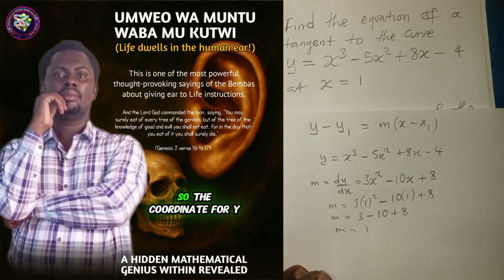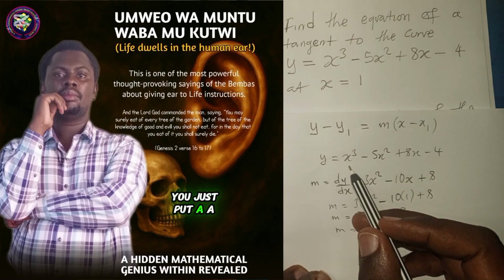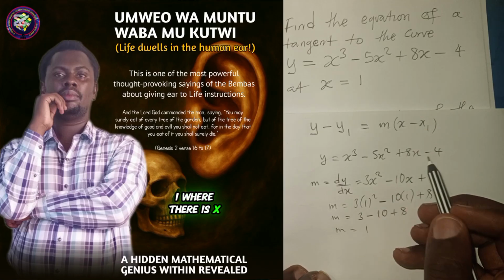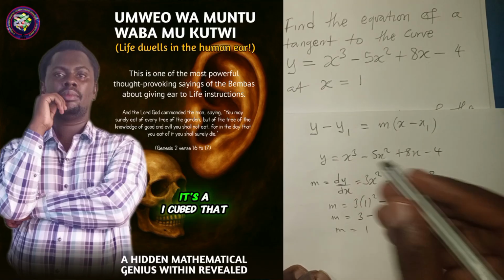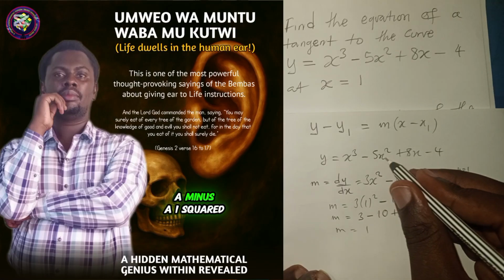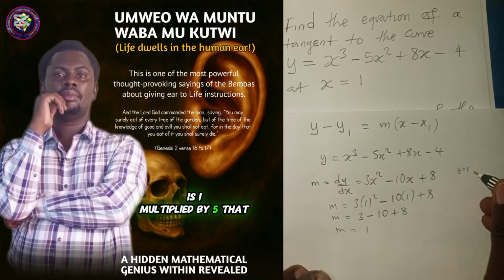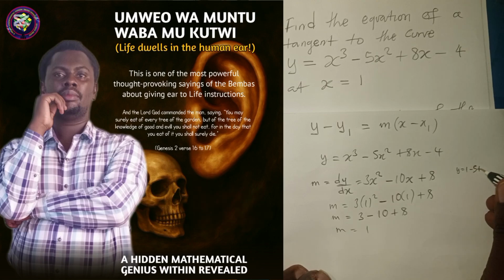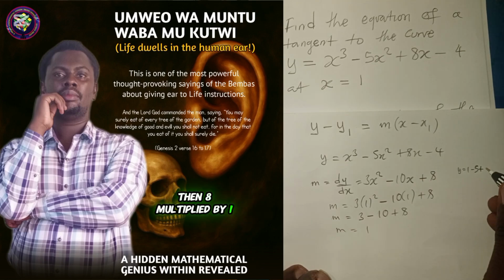Okay, so for the coordinate for y, you just put a 1 where there is x. So we are going to have 1 cubed, that is 1, minus 1 squared is 1 multiplied by 5, that is 5. Then 8 multiplied by 1 is just 8, and minus 4.